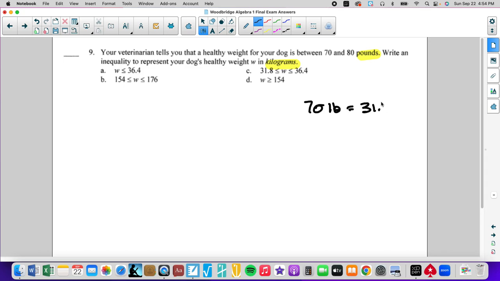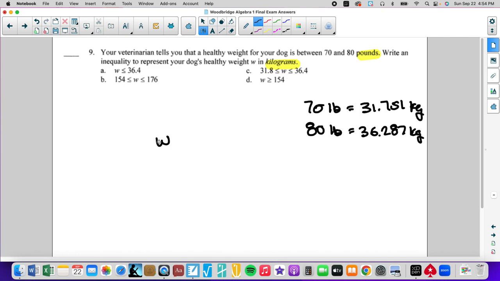Well, that's 31.751 kilograms, and 80 pounds is equivalent to 36.287 kilograms. So my dog needs to be between those two weights.